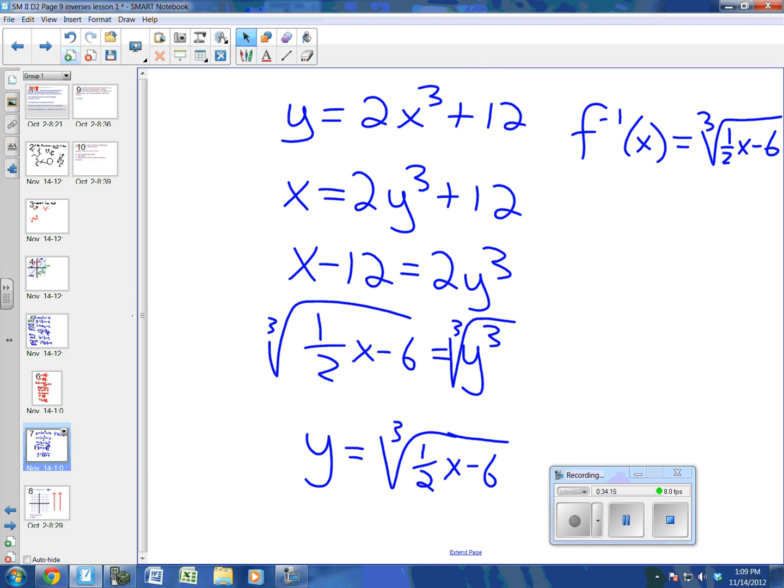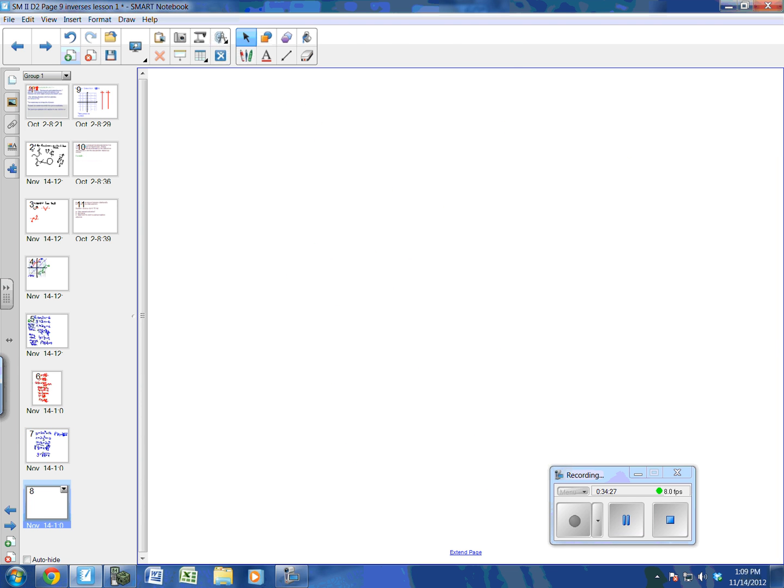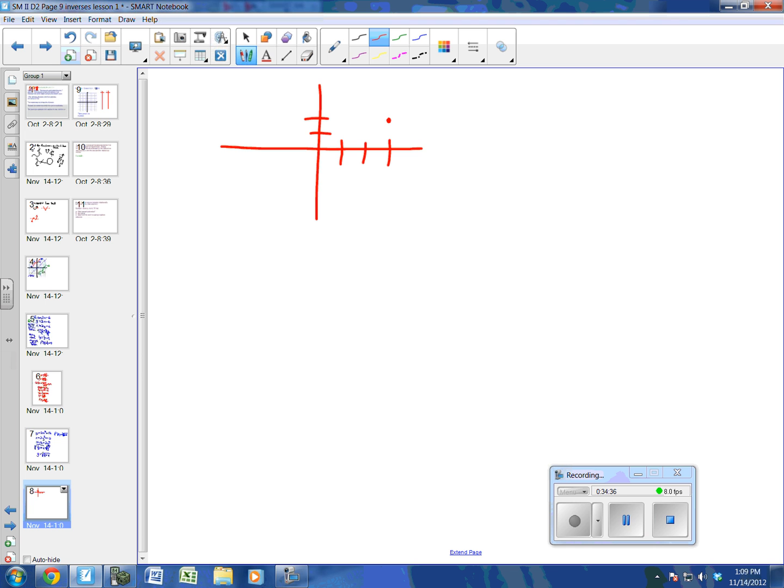Okay, any questions there? Okay, now the only thing we haven't covered yet, guys, is understanding how to restrict the domain of a quadratic function so that it has an inverse. I want you to look at this right here. If you graph a parabola and the vertex is at 3, 2, does this pass the horizontal line test?